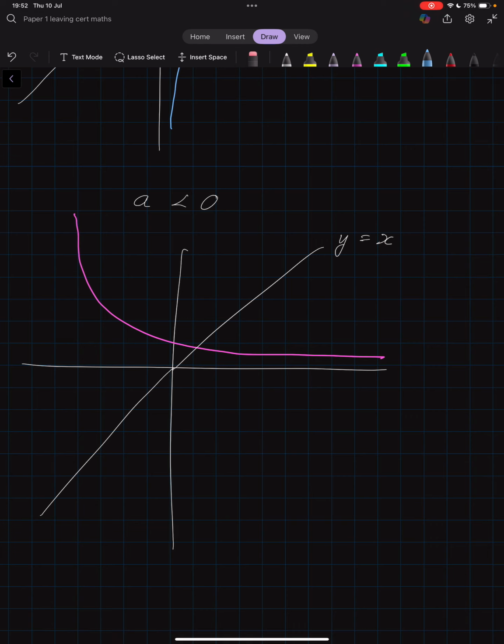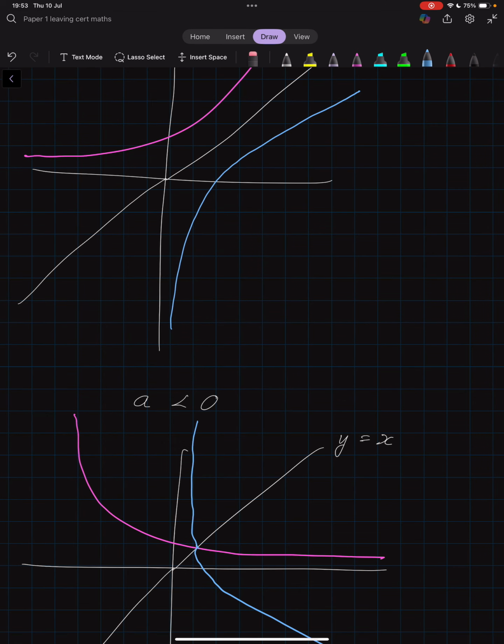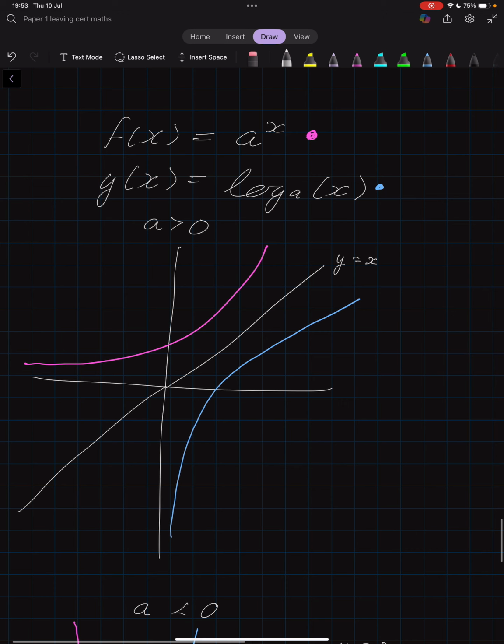Okay? So the mirror image in this case would be something like this. Yeah, it would look like that. So again, it's just being flipped over. Again, why? Because this is the inverse.